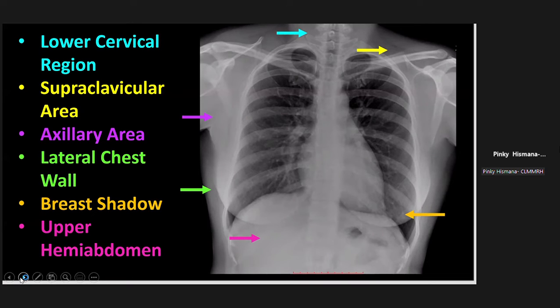And at times, some females, hindi nyo masyado makita ang ilang breast shadow, no? So, when you see breast shadows, don't assume all the time that it's female. When you don't see breast shadows, don't assume all the time that it's male. You really have to see the labels in the chest x-ray. So of course you have the upper hemi-abdomen.